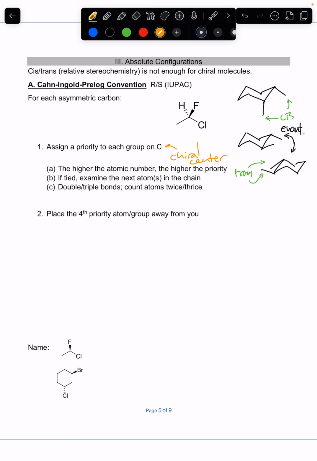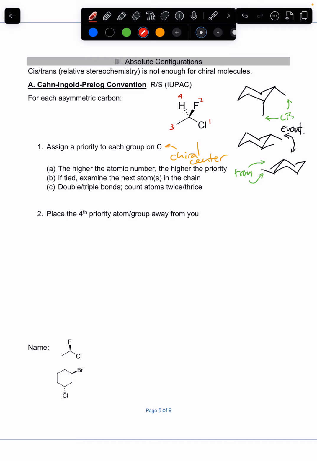For instance, at this chiral center, we're comparing hydrogen, fluorine, chlorine, and a methyl group. Of those, the highest atomic number is chlorine, and then fluorine, and then carbon, and then hydrogen. So it's in that order.